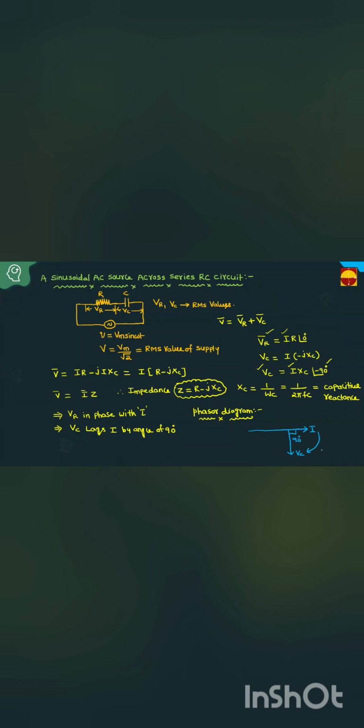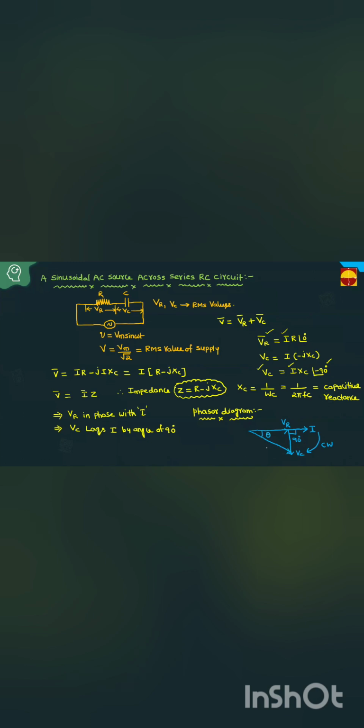If you measure in the clockwise direction, the angle is negative. Clockwise is lagging, anti-clockwise is leading. VC lags I, but VR is in phase with I. This VR plus VC is nothing but V.